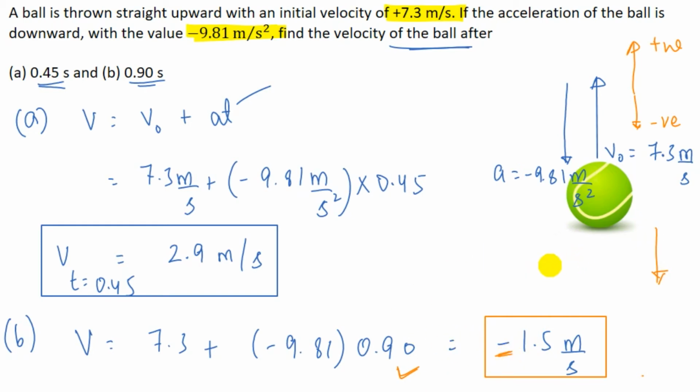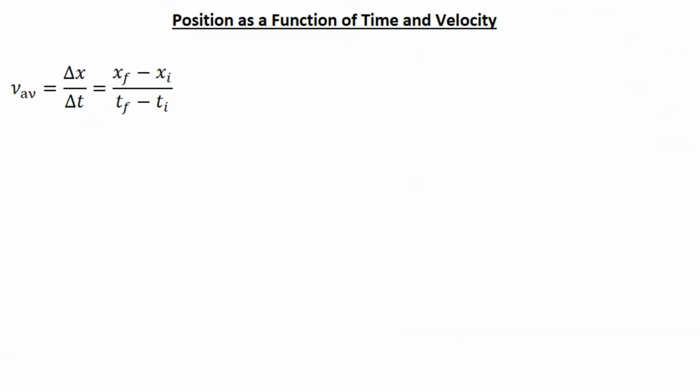Now let's derive the second equation. Now let's try to find how far a particle can travel in a given time with constant acceleration. Now we'll start with this. Earlier we have studied that average velocity is delta x over delta t. Now let the final position xf be represented with x, and the initial position of the particle is x naught, and the final time is t, and the initial time we are taking to be 0.